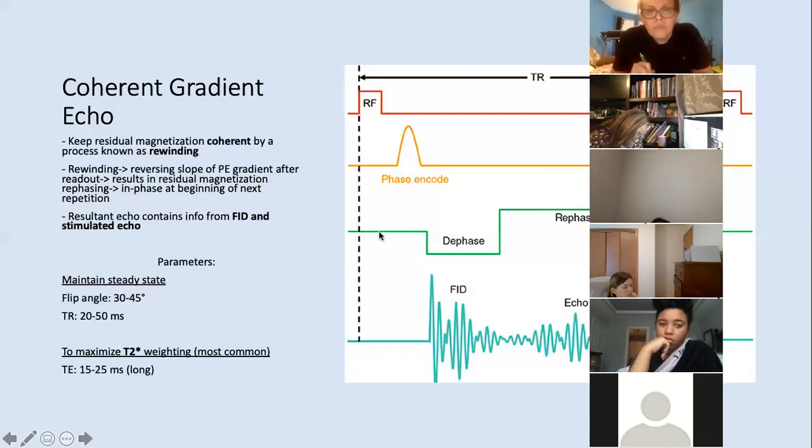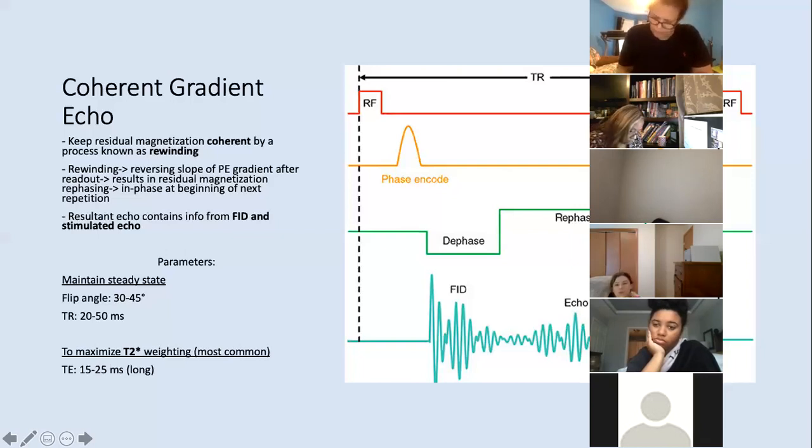Then your frequency encoding gradient dephases your free induction decay in the negative direction, and then it turns on in the positive direction to rephase it to peak echo. On your phase encoding axis, you have this rewinder gradient.